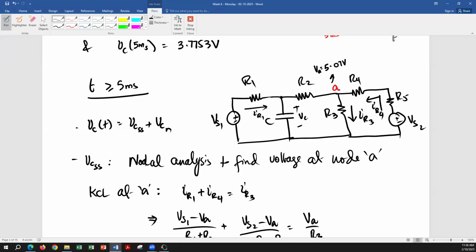We're writing the general expression. Yeah, I'm asking for IR1, but VS over R1 is not IR1 for sure. And we discussed hundreds of times how to apply Ohm's law on a resistor.